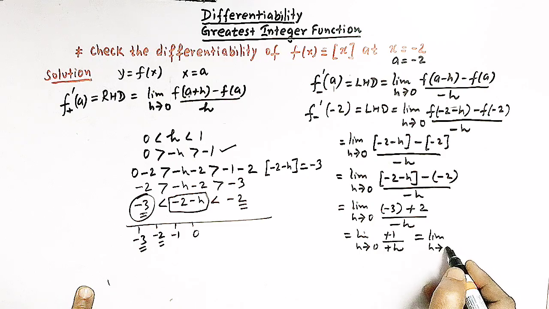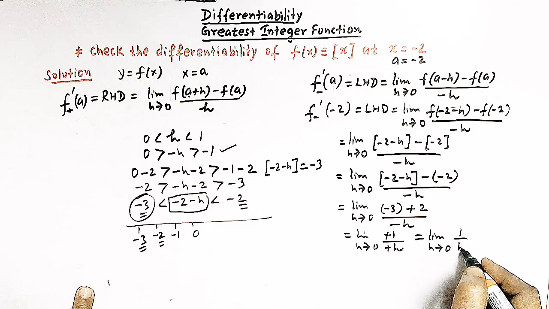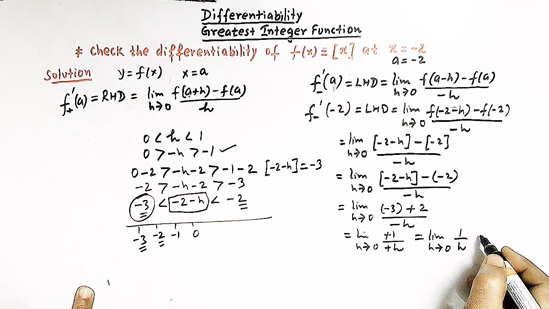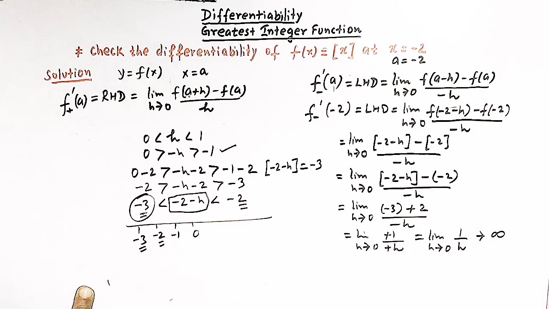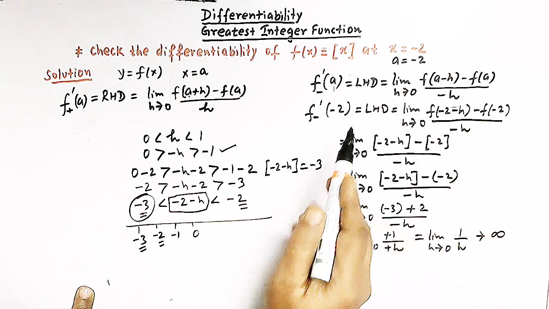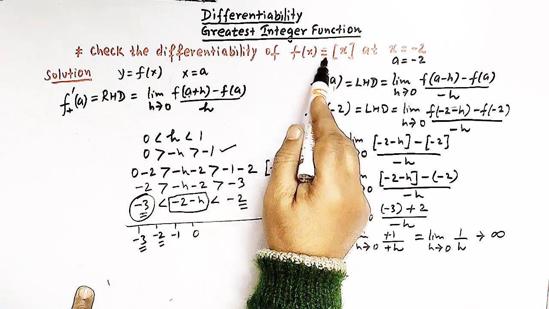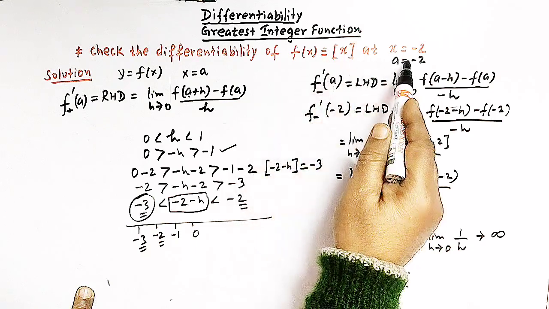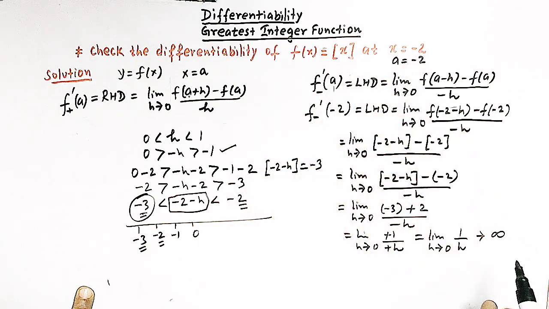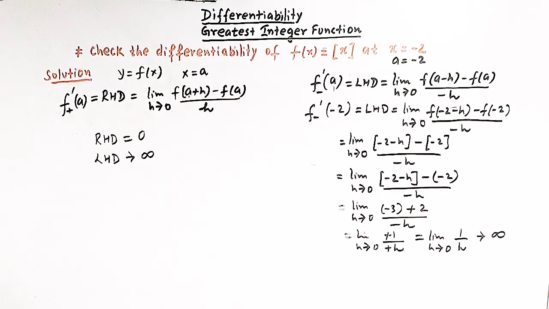We have limit h tends to 0, 1 over h, and this limit tends to infinity, right? So from this discussion we conclude that the left hand derivative of greatest integer of x at x is equal to minus 2 tends to infinity.